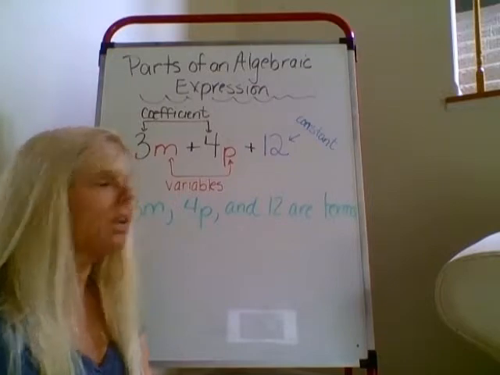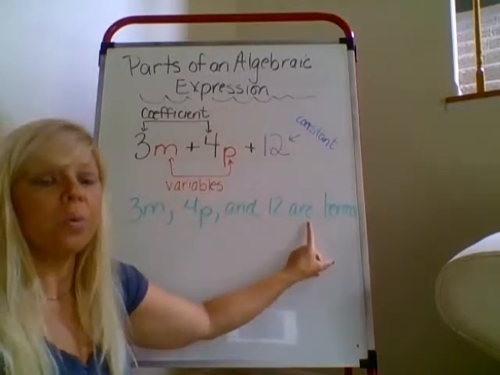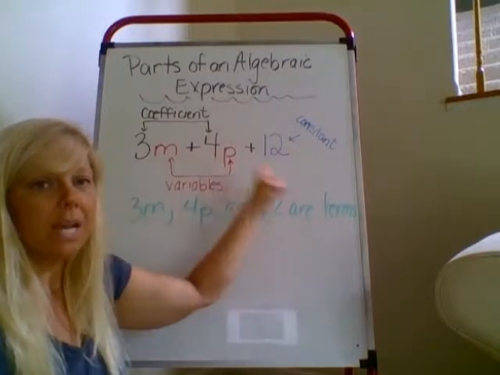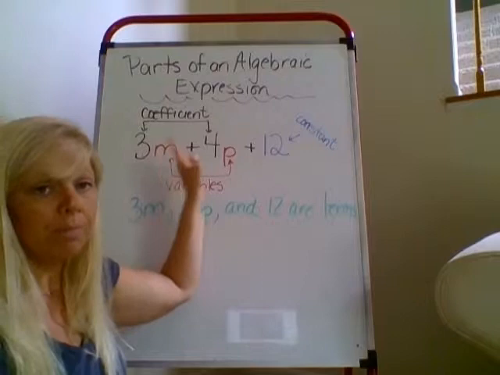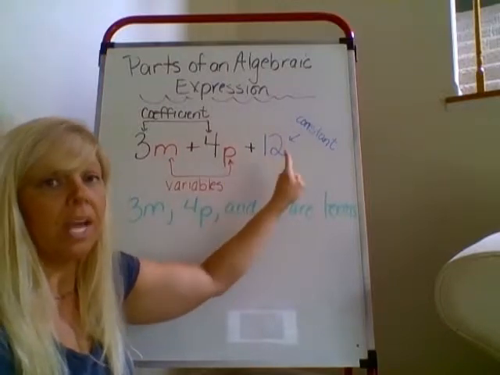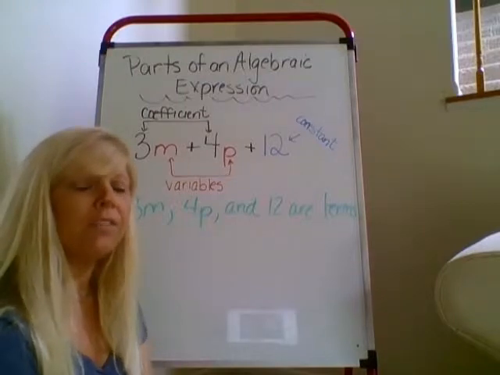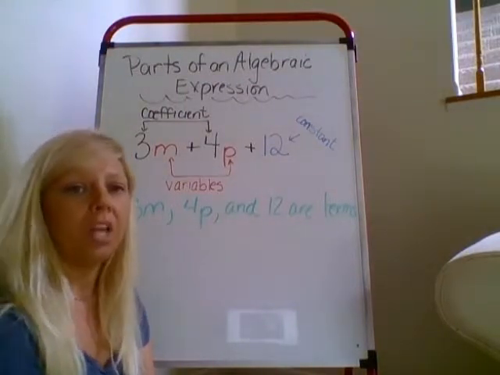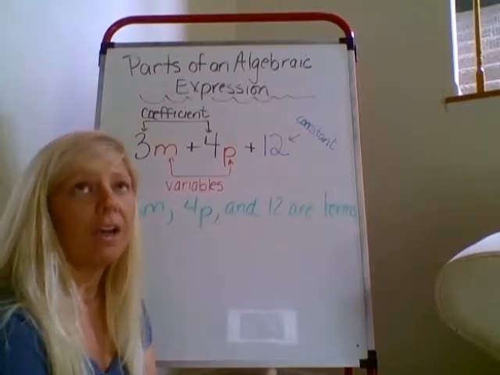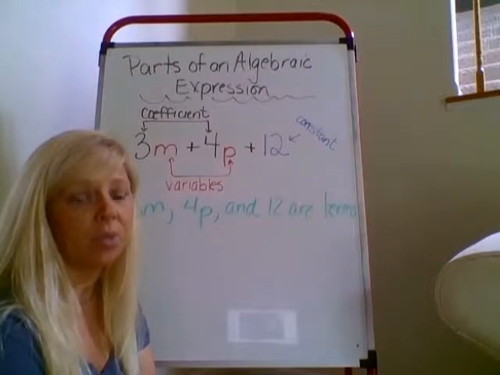Now, each part also, 3m, 4p, and 12, these are what we call terms. So in this algebraic expression, I have 3 terms. 3m is a term, 4p is a term, and 12 is a term. And 95 to 98% of the time, no matter what, algebraic expressions have terms that are separated with addition or subtraction signs only.